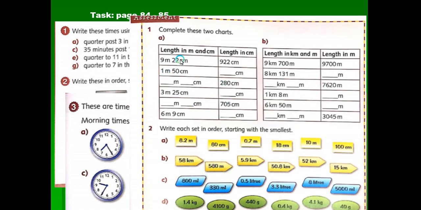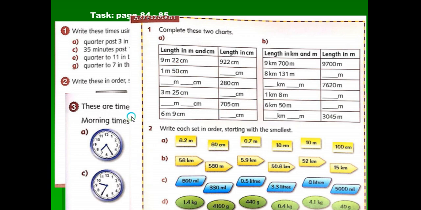And here is the assessment, which will help you assess what we have done all through this week. You have length in meters and centimeters, in kilograms, in kilometers, in meters, and in milliliters.